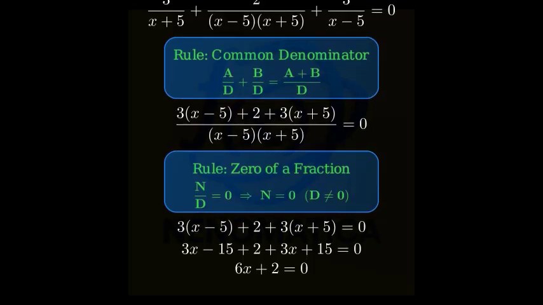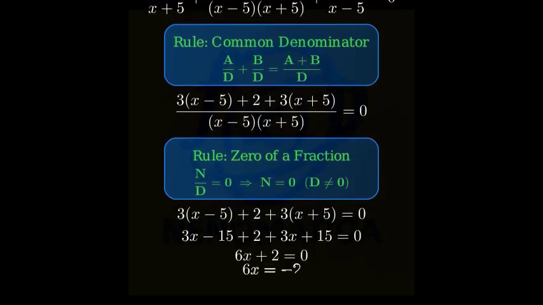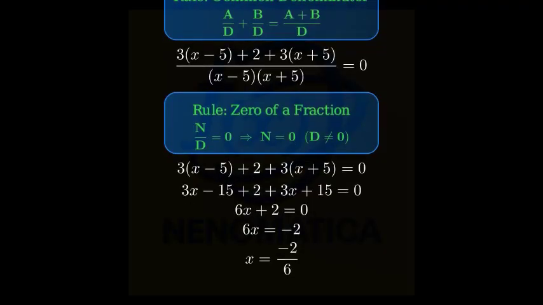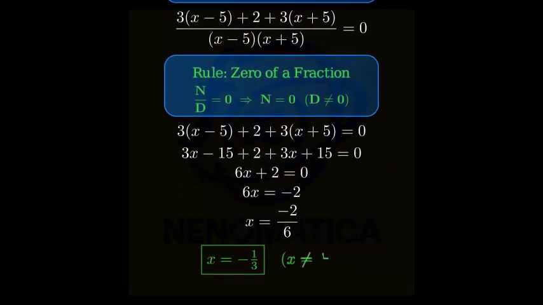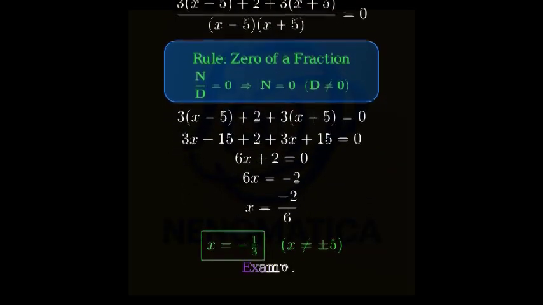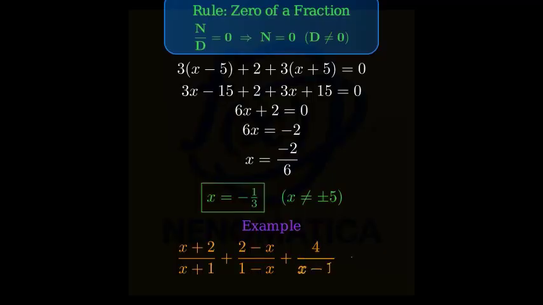Step 7. Solve for x. 6x equals -2, so x equals -1/3. Check the domain: x cannot be plus or minus 5. -1/3 is allowed.